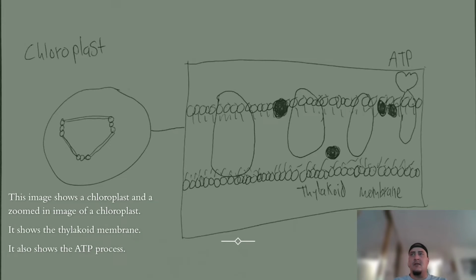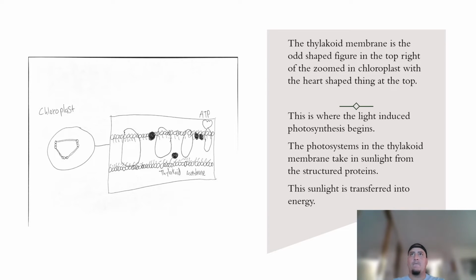You also see where the ATP process is, and the electron transport chain, which we'll go over later on in the slides. The thylakoid membrane is that odd-shaped drawing in the top right corner.